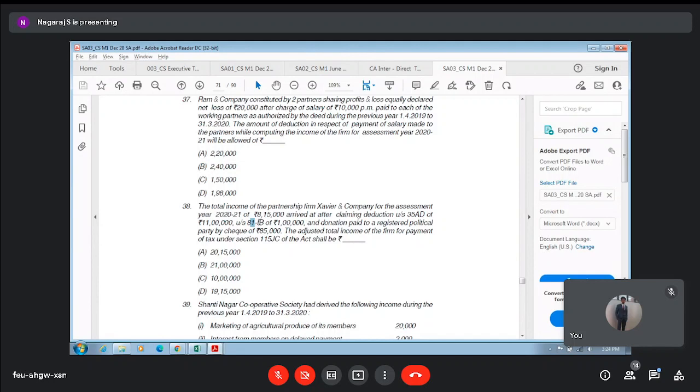Okay, 80IB, 1 lakh. And donation paid to a registered political party. Registered political party means 80GGC, maybe. Let me see.